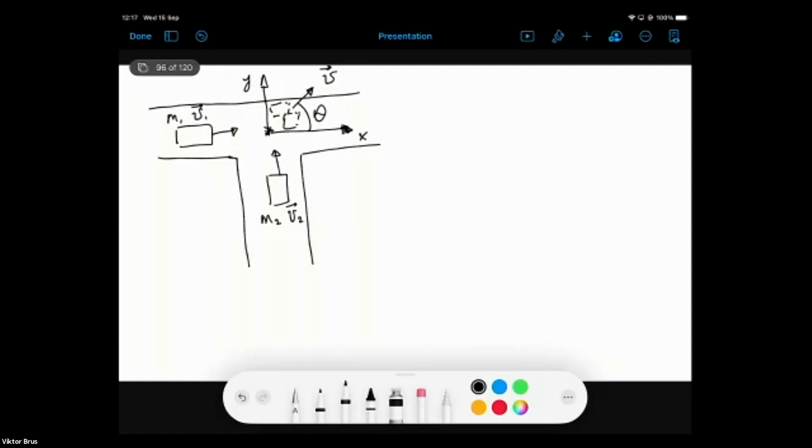So let us see how we can get some information about the conditions after this perfectly inelastic collision of two cars.